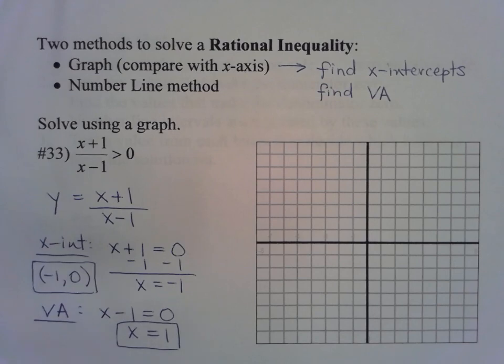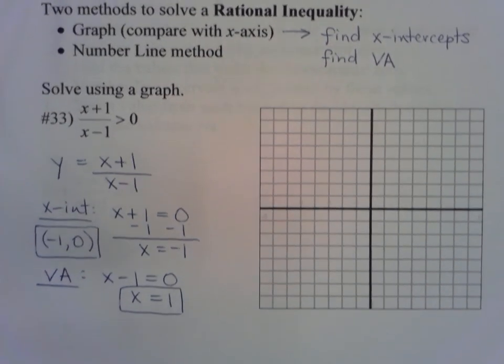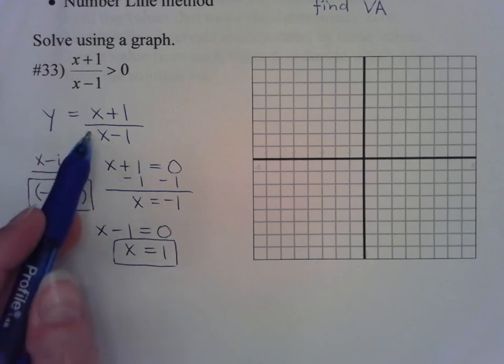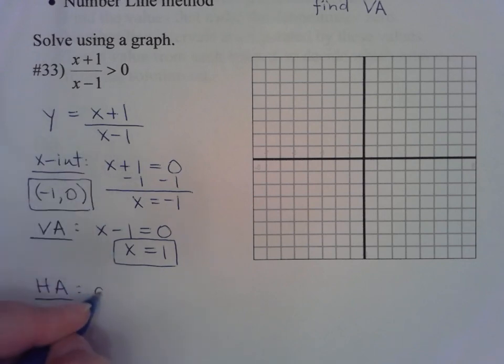All right, if you wanted to go ahead and do the whole graph here, we'll just add in all those other pieces that we have looked at in the previous video. It's probably good practice for us. The horizontal asymptote, remember we have that 3-part rule. Notice the degree in the top in the numerator is a 1.